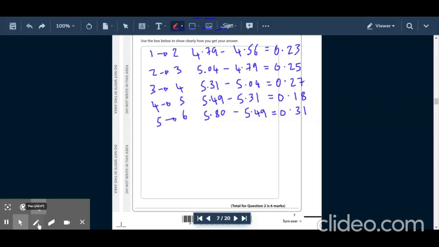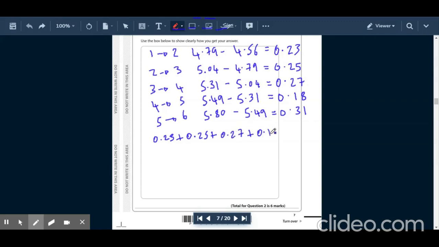And the way we find the mean average is by adding all of these together and dividing by how many there are. So we're going to do 0.23 plus 0.25 plus 0.27 plus 0.18 plus 0.31.